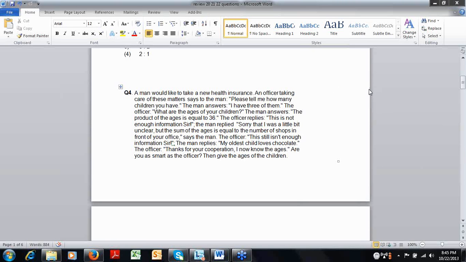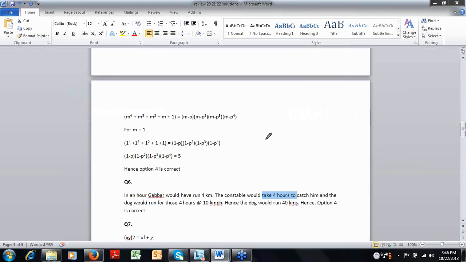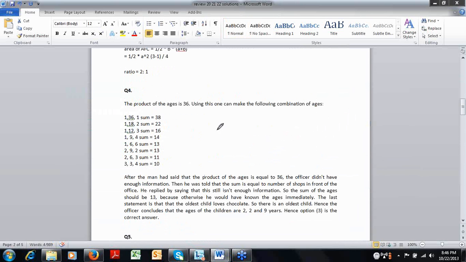So I'll try to repeat this question once again. Listen carefully to each and every line. It's very important. So first thing, the product of the ages is 36. So it can be possible only in these cases. Now the second information: the officer did not give enough information, so he told that it is equal to the sum of the number of shops in front of the office. So he can calculate easily the sum of the ages.